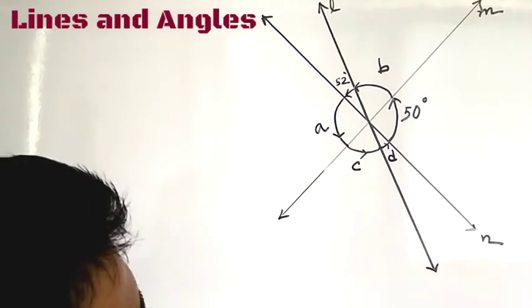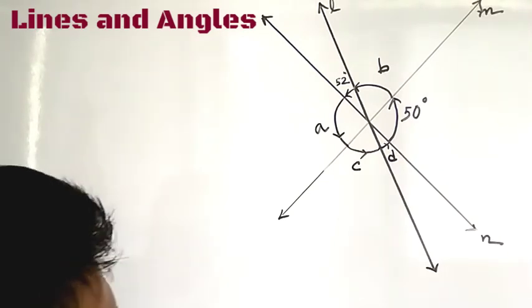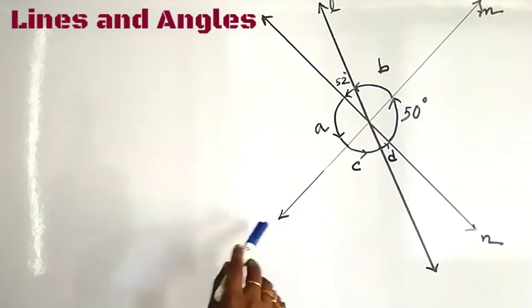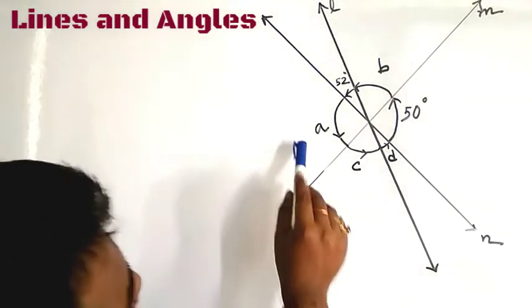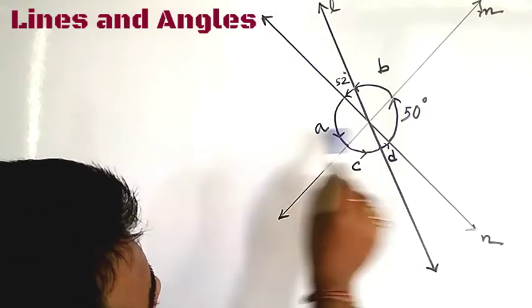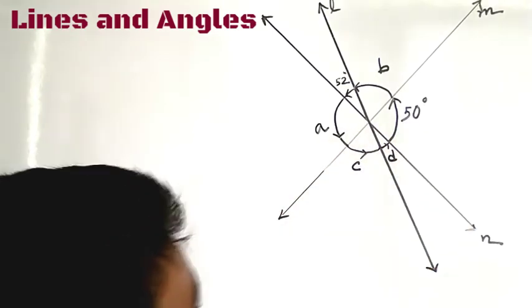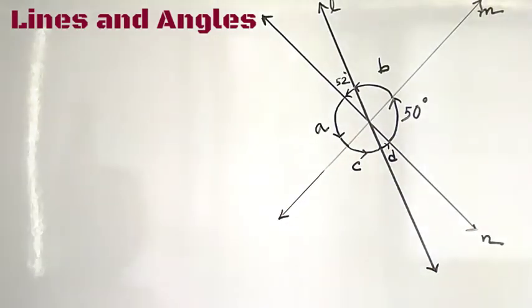You can see here this angle A and this angle 50 are vertically opposite.